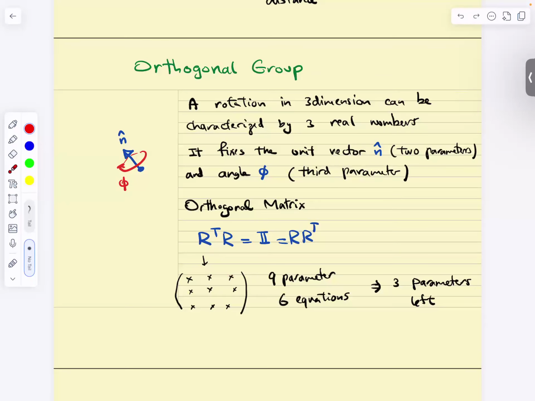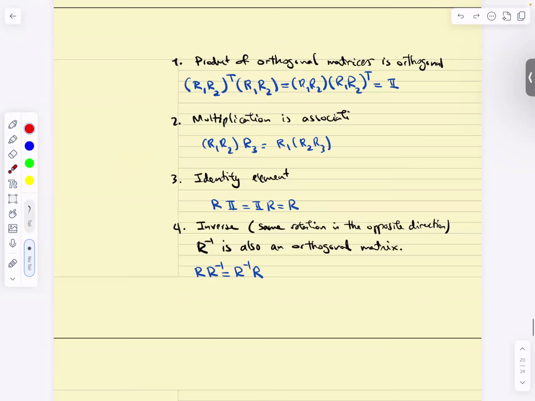Why? Because it's a 3 by 3 real matrix. How many components does it have? It has 9. How many equations are there here? 6 equations. Right? So 9 minus 6, there are 3 parameters left. Good. Those are sanity checks.